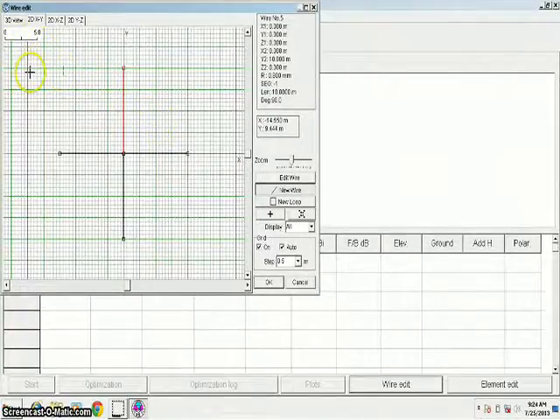Okay, the whole antenna will look like this.